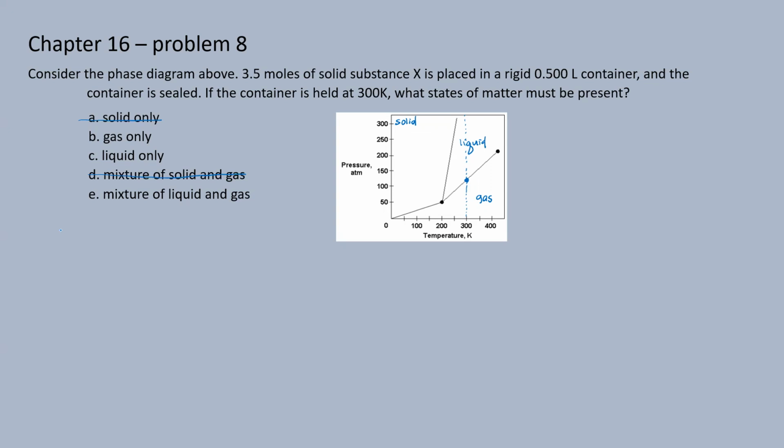All right, let's guess that it's going to be a gas only. If it's a gas only, we could figure out the pressure of the gas using the ideal gas law.